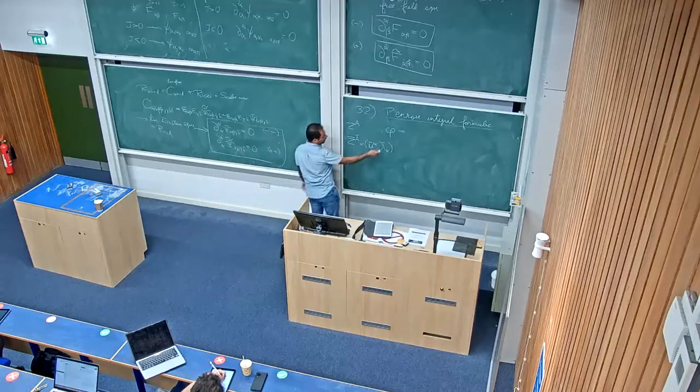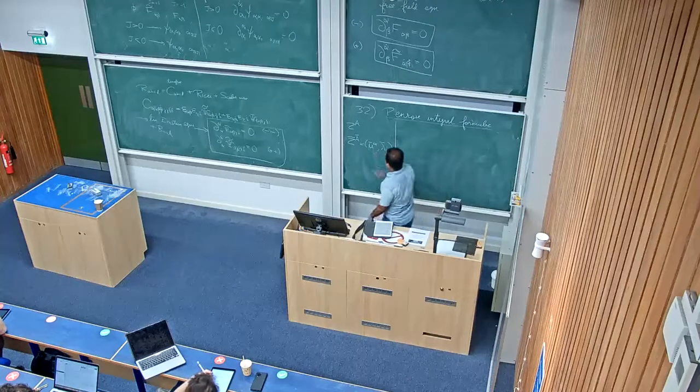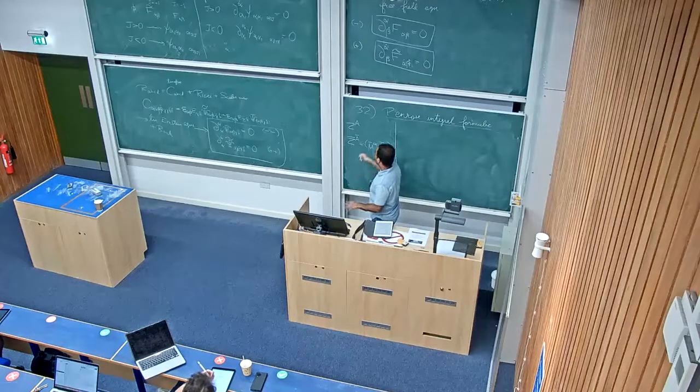Otherwise, this is just component-wise complex conjugation, nothing deep going on there. So these are my holomorphic coordinates on twistor space PT, after holomorphic homogeneous coordinates.